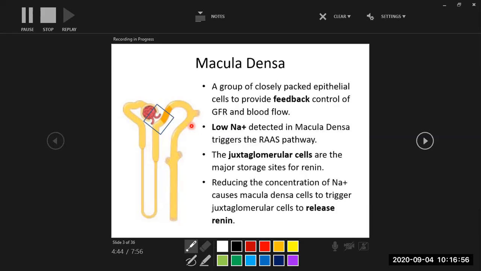Let's look into it step by step. Low sodium will be detected by the macula densa, this region, this juncture.